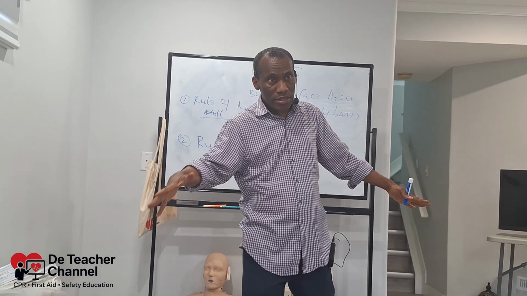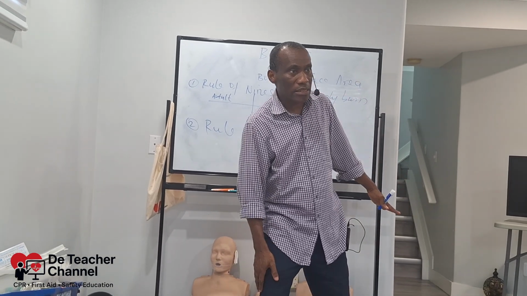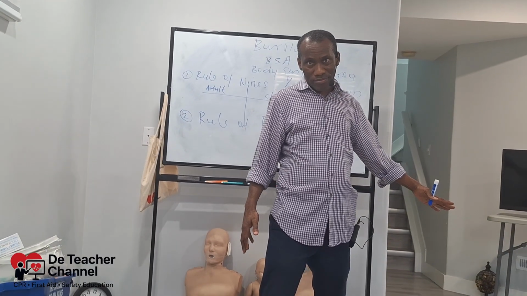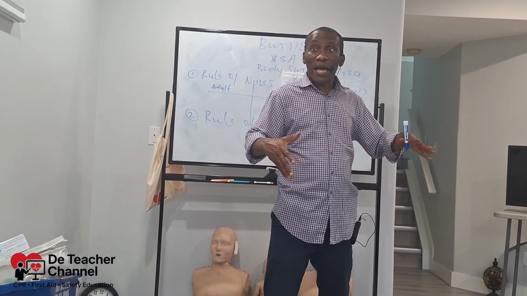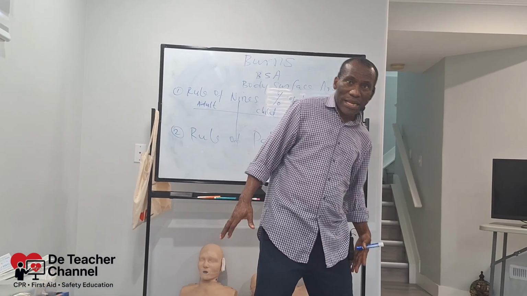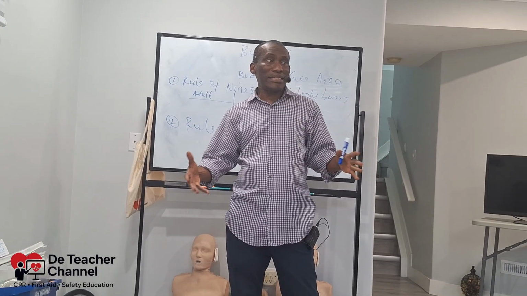Adult, one leg is 18%. The other leg is 18%, making 36.